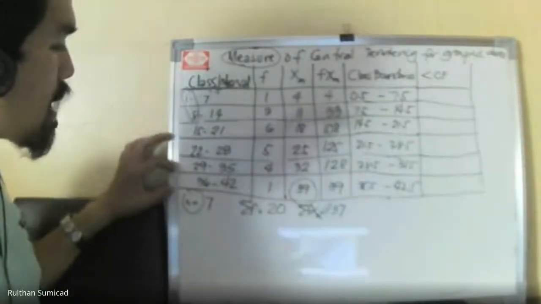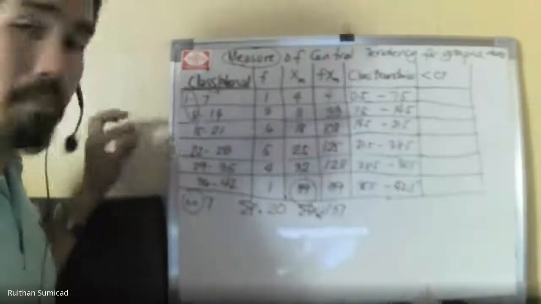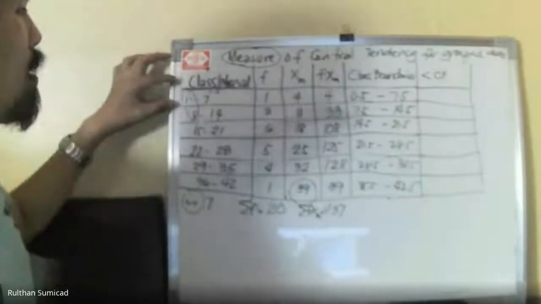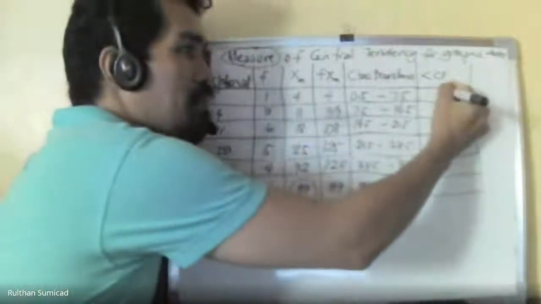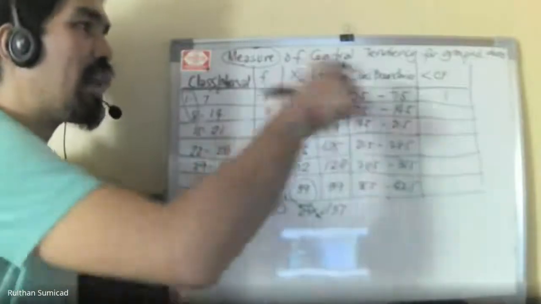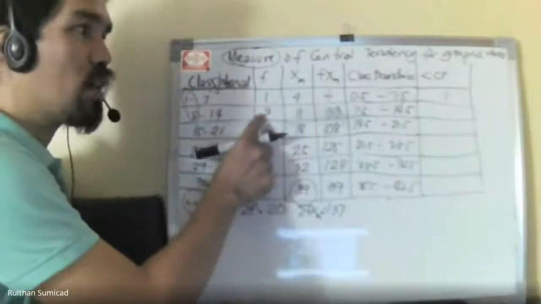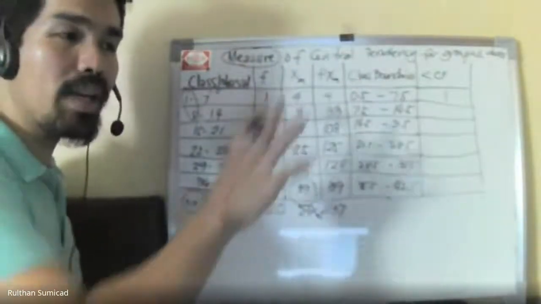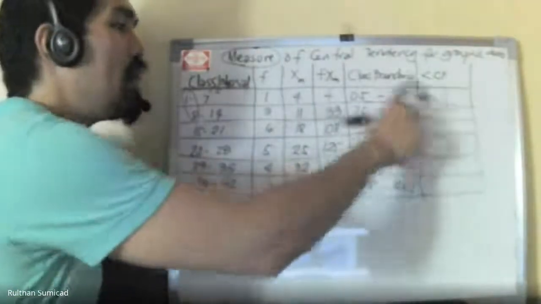And this is the highest class interval where the highest score in your distribution must be. So since this is the lowest class interval, we will get the less than cumulative frequency from this row. So we will record the first frequency, 1. To get the next frequency, that is 1 plus the next frequency. That's why it's called cumulative. It's just the addition of the successive frequencies. So you have 1 plus 3 will give you 4.